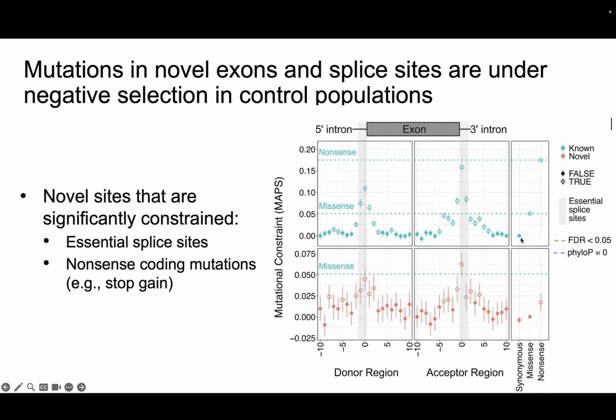In general, we do see that these novel isoforms are under mutational constraint, specifically the essential splice sites immediately flanking exons in novel isoforms, as well as mutations that code for nonsense mutations in these novel isoforms, for example the inclusion of a premature stop codon, a stop gain.